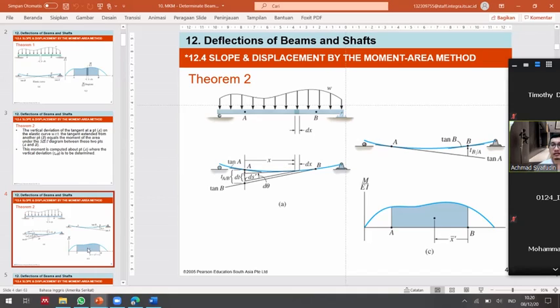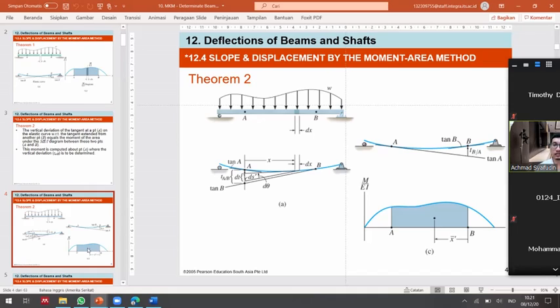Yeah. The first theorem states the angle between 2 points, and the second one talks about the vertical deflection of one point considered from another point.